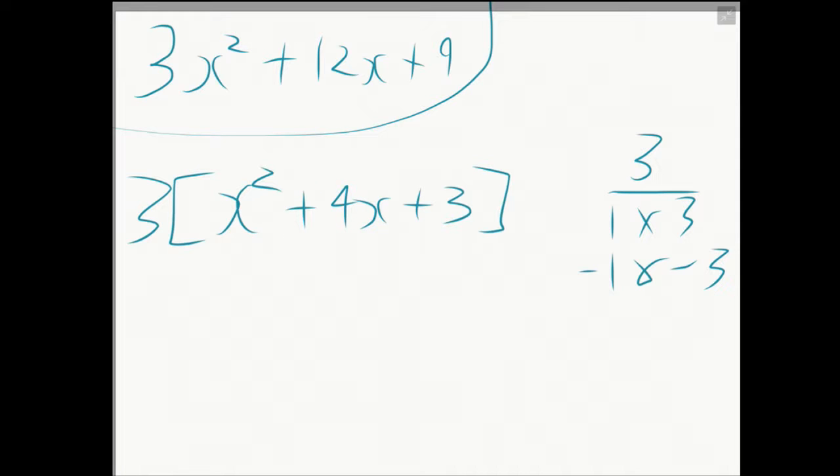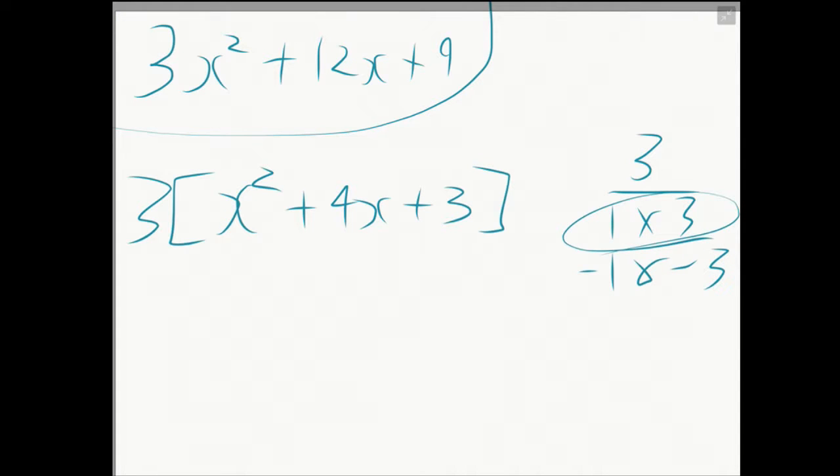We need it to add up to positive 4. So we're going to look at either this one or this one to see which one has the numbers that make up the sum of positive 4. Well, clearly 1 plus 3 is 4. Negative 1 plus negative 3 is negative 4, and we need this one.